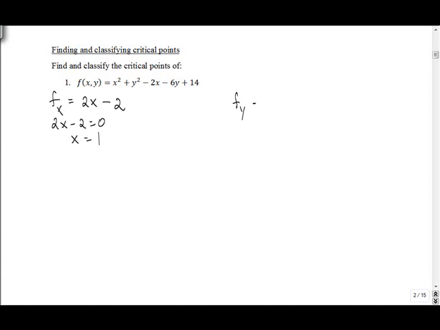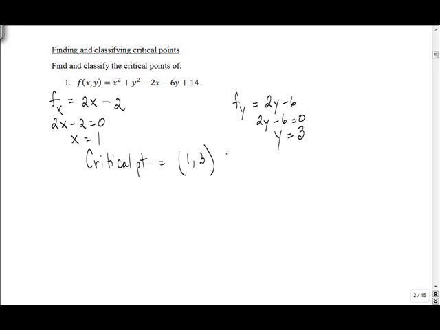The partial with respect to y is 2y minus 6. Put this equal to 0, and we get y equals 3. So the critical point is (1, 3).